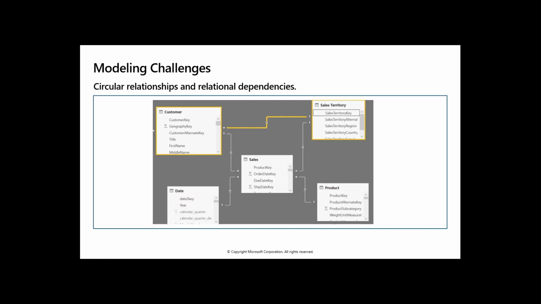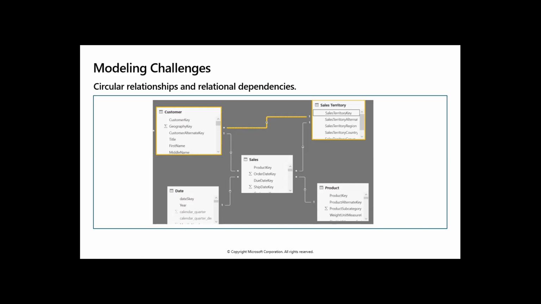If you look at this yellow line, I am saying the primary key sales territory is related to many customers on the customer table. That's what I'm saying. And if you look at your customer and sales, I'm saying one customer has many sales. That's the meaning of what I'm saying.